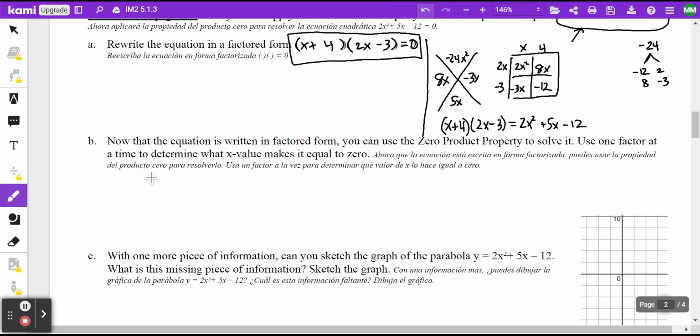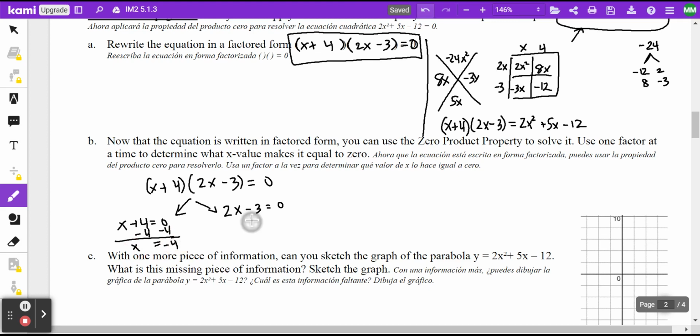So in this case, we have x plus 4 times 2x minus 3 equals 0, splitting this into two equations. I've got x plus 4 equals 0 and 2x minus 3 equals 0. Subtract 4 from both sides to solve this version. X is negative 4. Okay, add 3 to both sides.